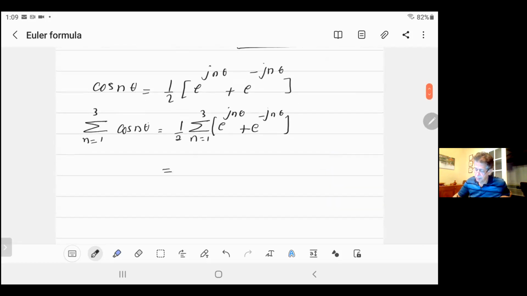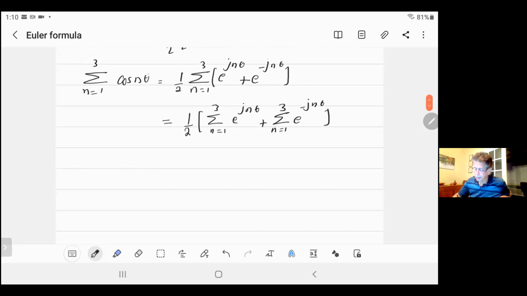Let's divide it. So I have half, and I have the sum from n equal 1 to 3 of e to the power of j n theta, plus the sum from n equal 1 to 3 of e to the power of minus j n theta. I will just write it again. For the first term, I will leave it.